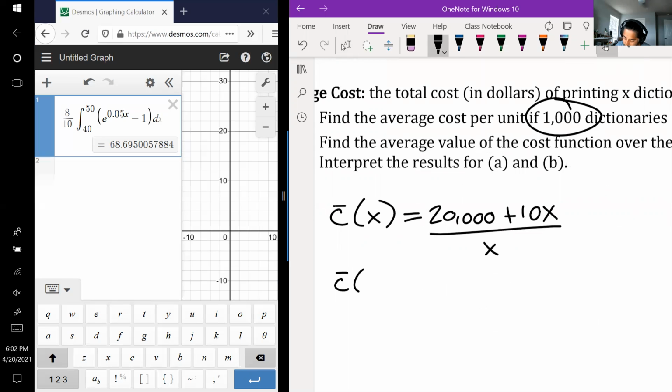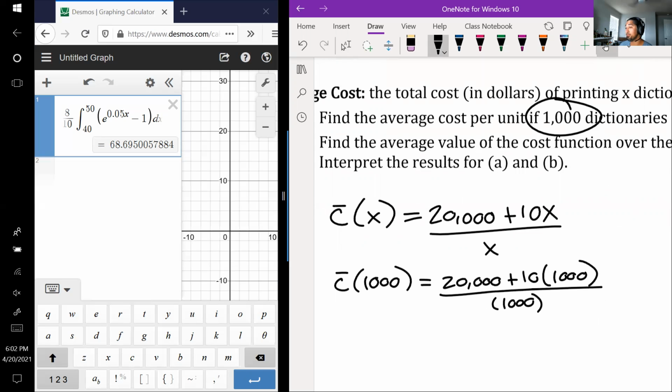So C bar of 1,000 is equal to 20,000 plus 10 times 1,000 over 1,000. Okay. And now, just as I wrote it below, I can type it exactly like that in Desmos.